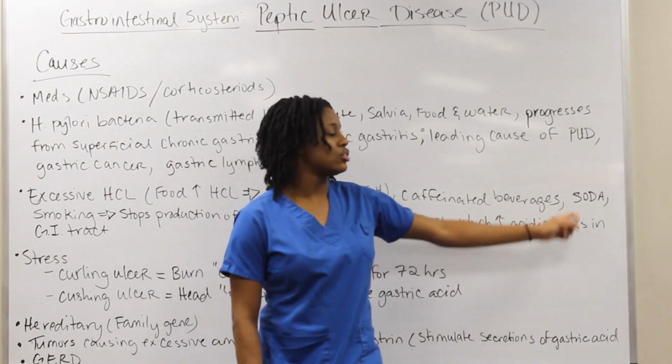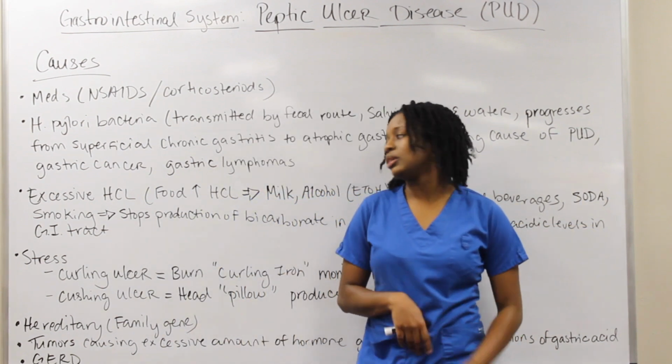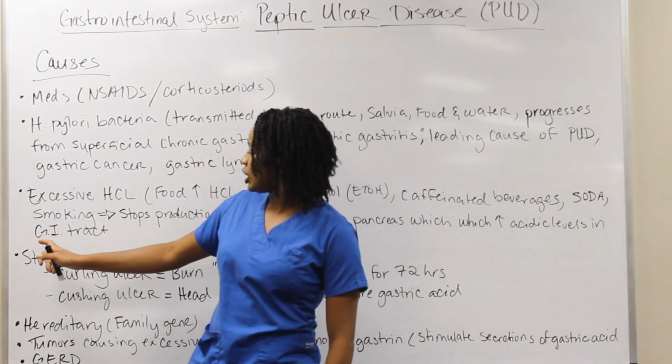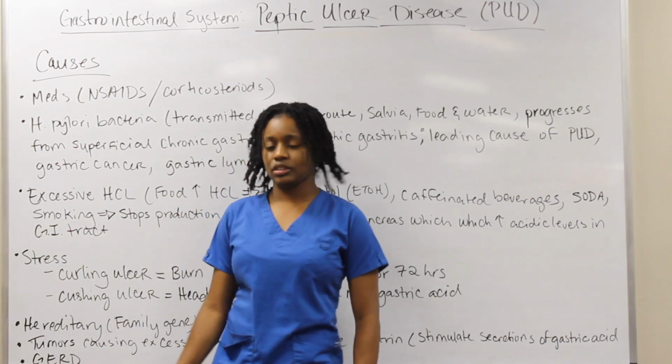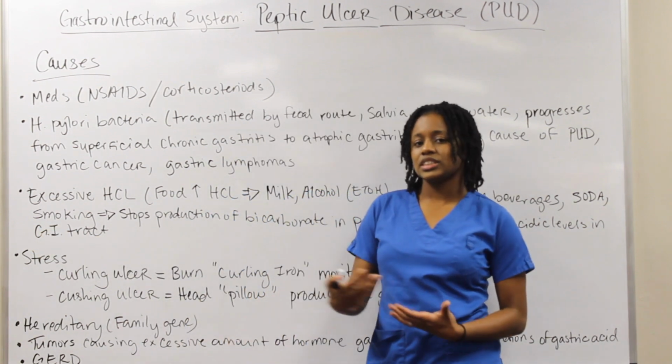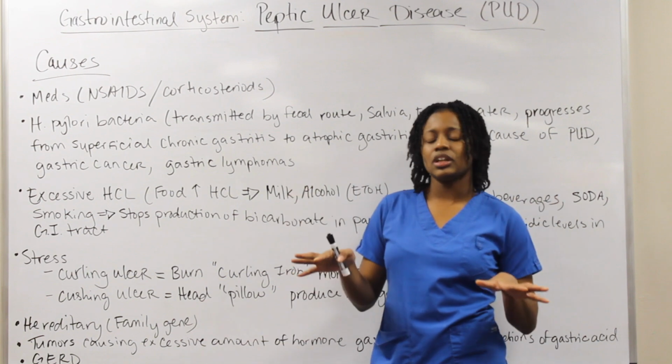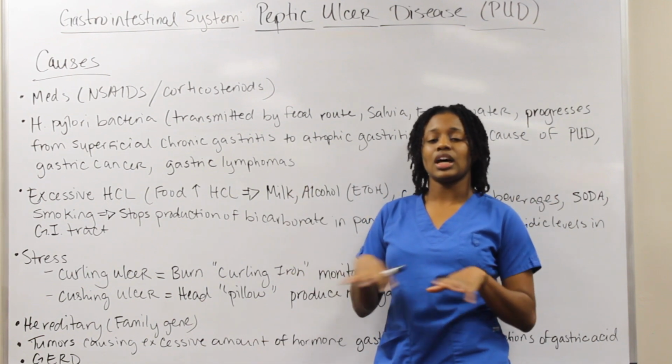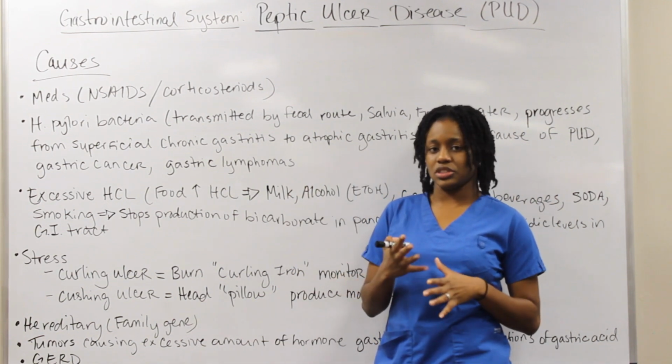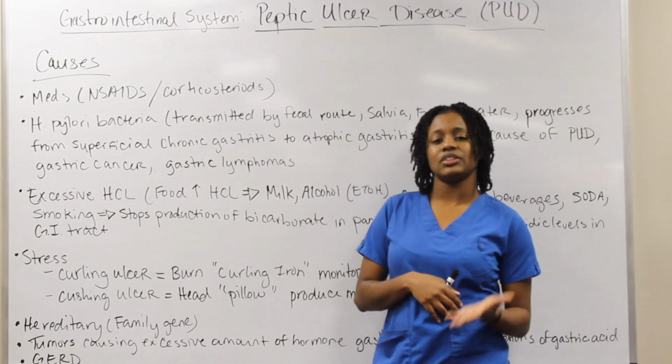Caffeinated beverages, your soda, which is your carbonated beverages. And smoking. Like I said before, smoking damages a lot of different organs, and I said one was particularly the vessels.